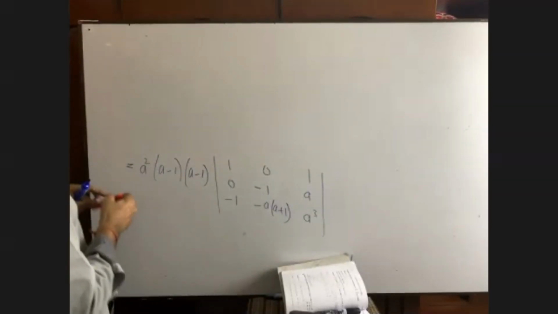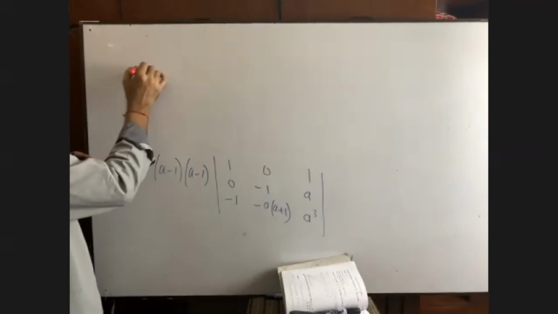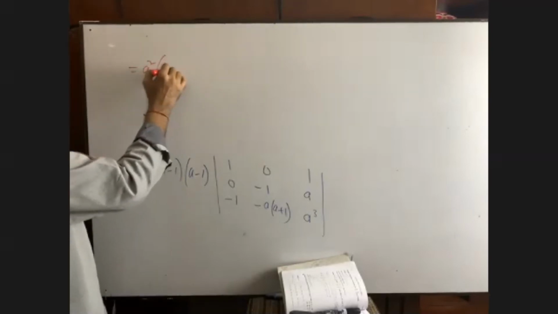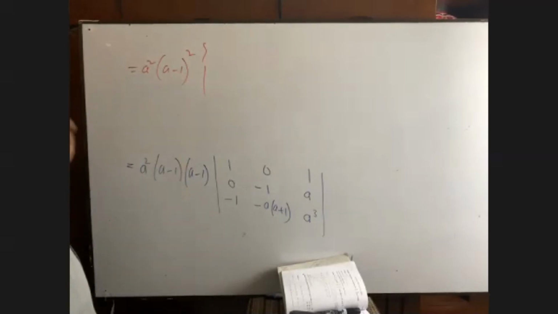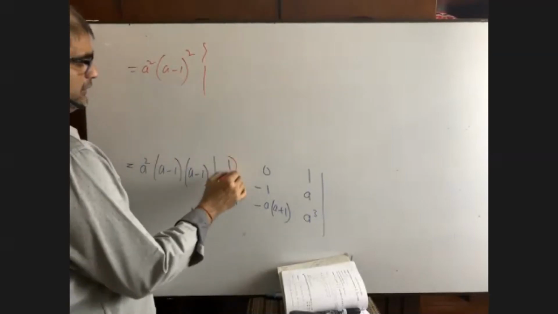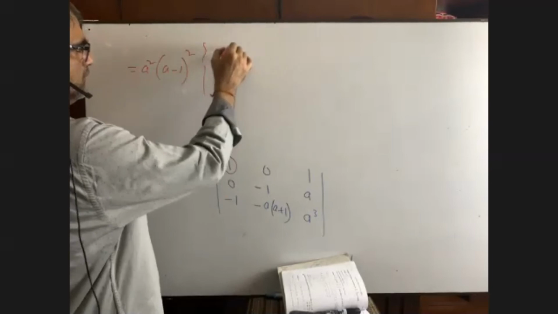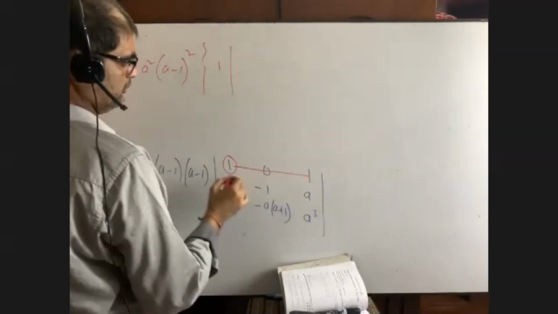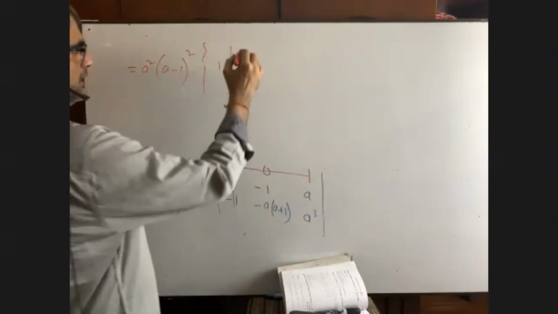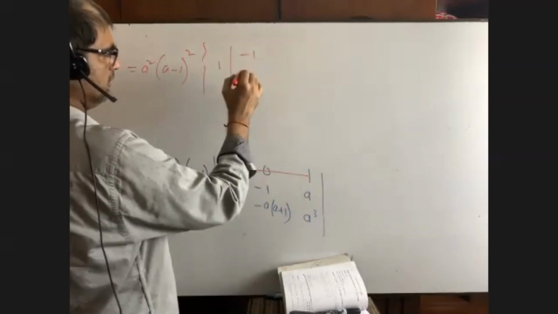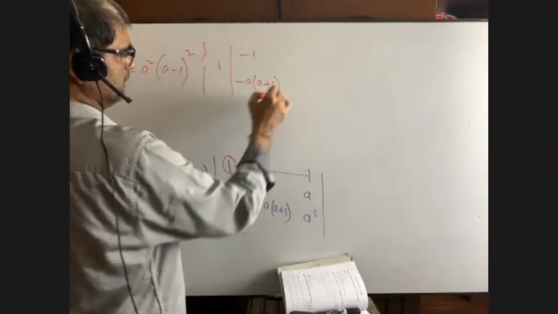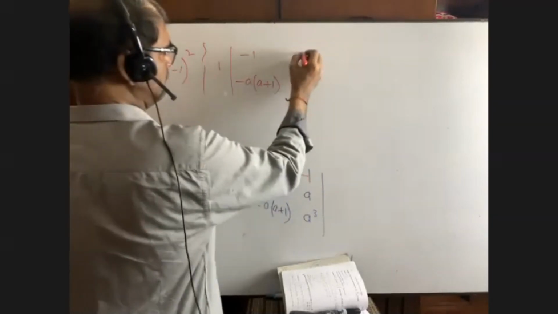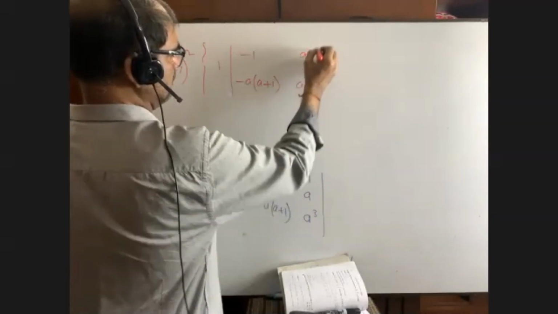Now, what can we do? It is a square. It is a minus 1 whole square. Now we'll expand it. How? I am going to take this one, so this will be omitted. We'll be left with minus 1, minus a into a plus 1 into a cube.